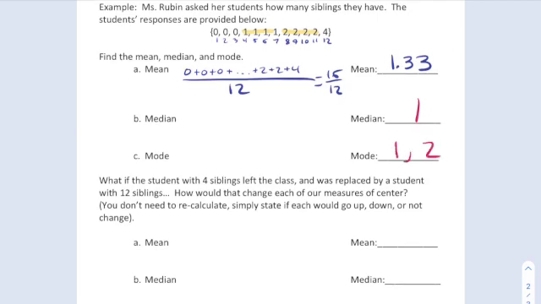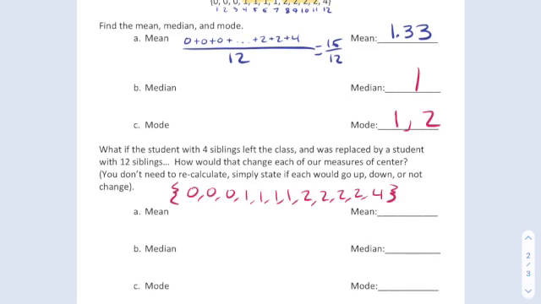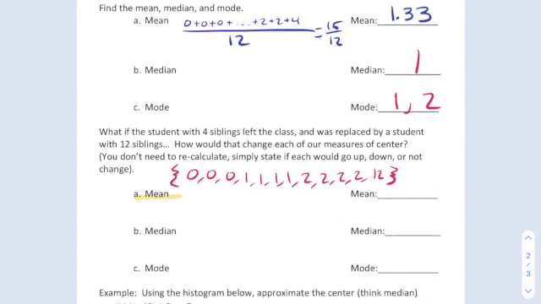And with this problem, I want to go a little bit further with a follow-up question about what if I changed a data value. So what this problem is saying is, what if I took that 4, removed that student from the class, and changed it to a 12? How would the mean, median, and mode change? Well, for the mean, when I add these all up together, the number is going to be bigger if it's 12 instead of 4.